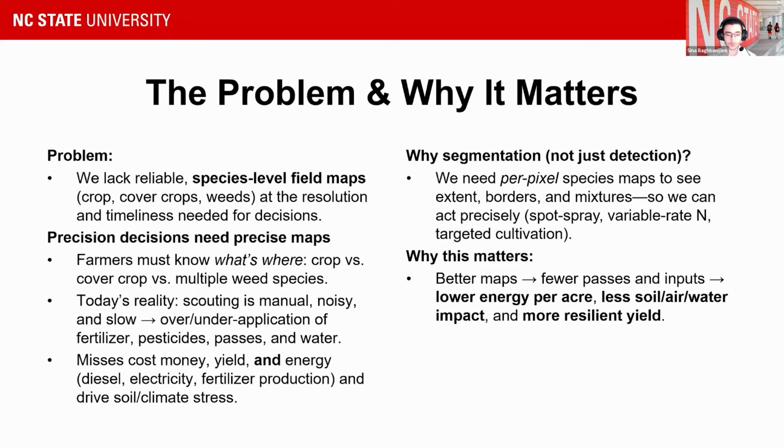PSA tries to give farmers the ability to have this information at hand, as it's needed. We do segmentation on our images to this end, and not just detection. The reason is that by doing segmentation, we actually receive more information than just detecting the plants. Detection is just having a bounding box with four corners on the plant, and this helps in identifying the plant species.